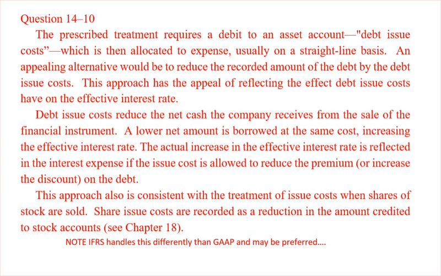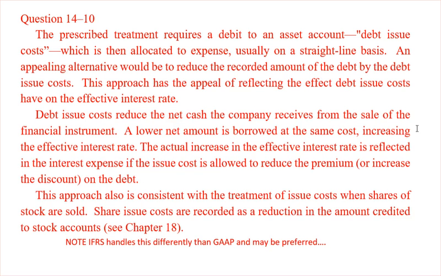So this is the former treatment. The former treatment had us doing a debit to an asset and taking it off straight line. This has been changed, and so now what we need to do, this is a bit of a controversy, is include it as a part of the discount or a reduction in the premium, and it flows through interest expense.